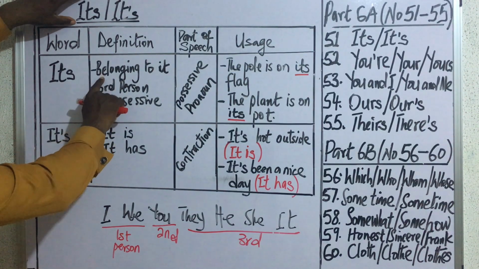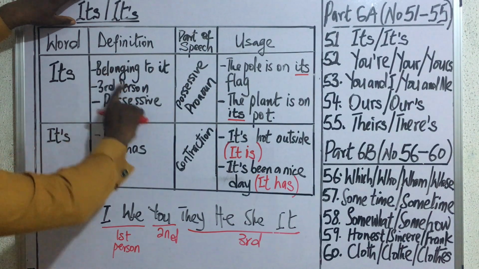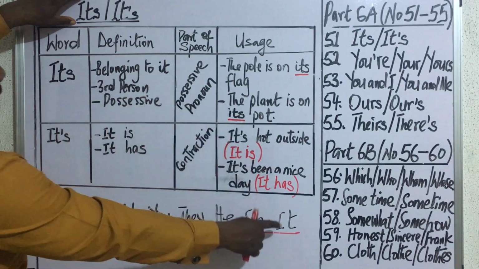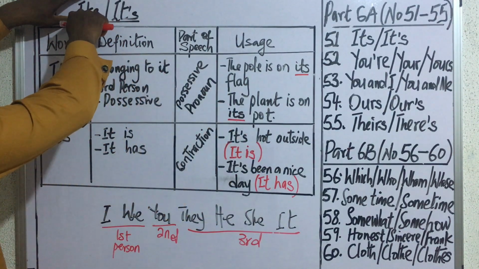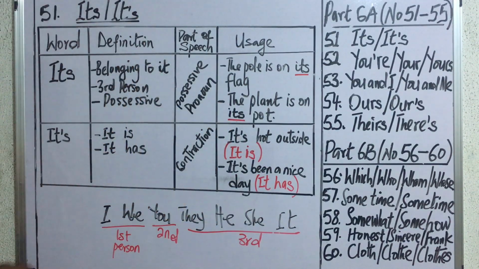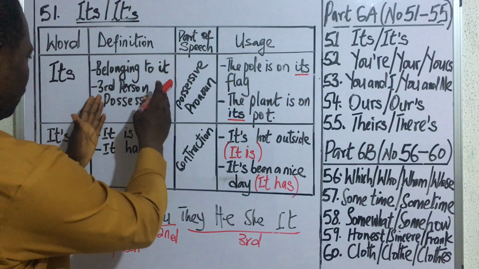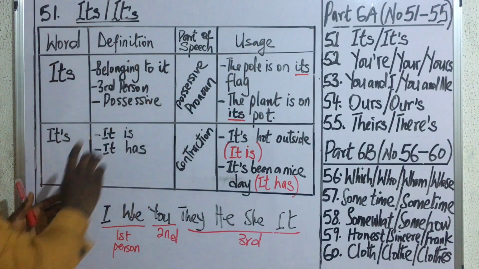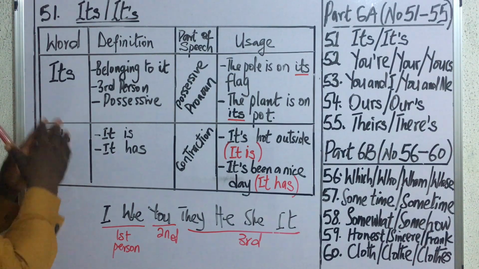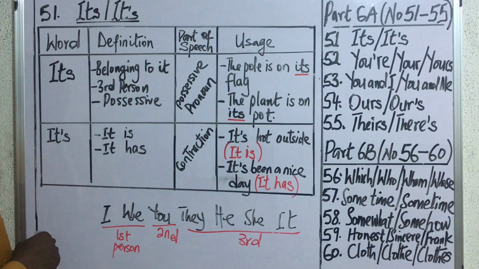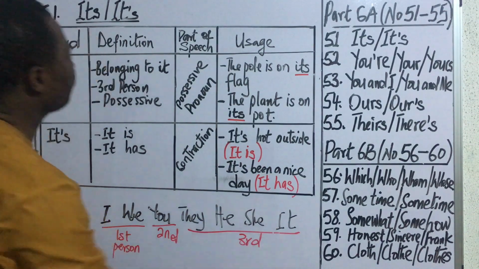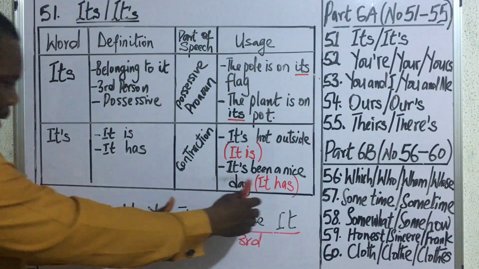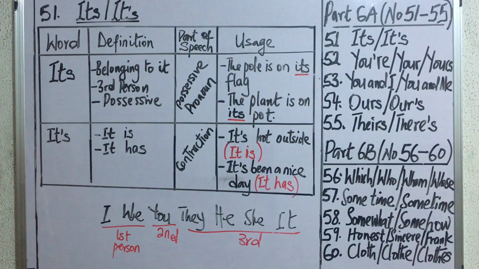So it is used for showing possession for it. That is, when something belongs to it, then you are going to use its, the one without an apostrophe. So under this definition, we are saying that it is a third person possessive singular personal pronoun. So it is third person, then it shows possession, and it is singular.